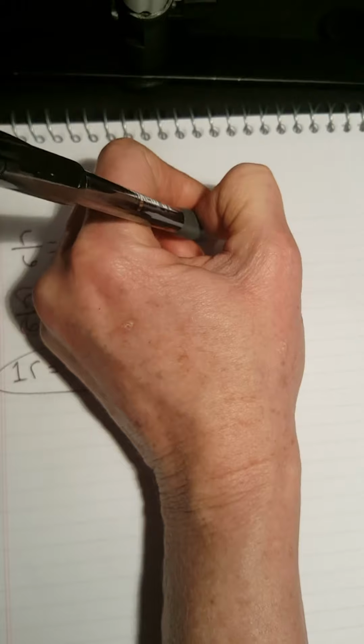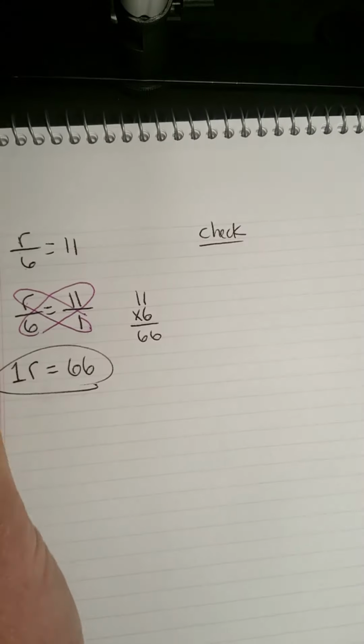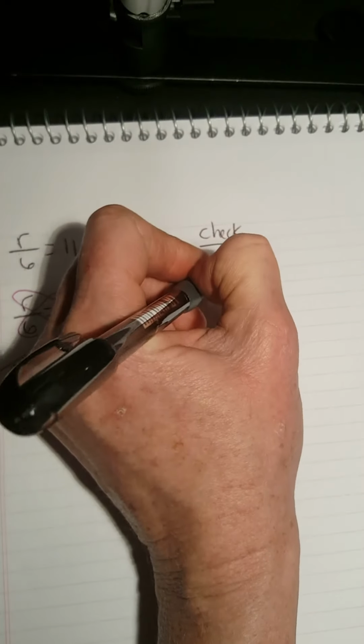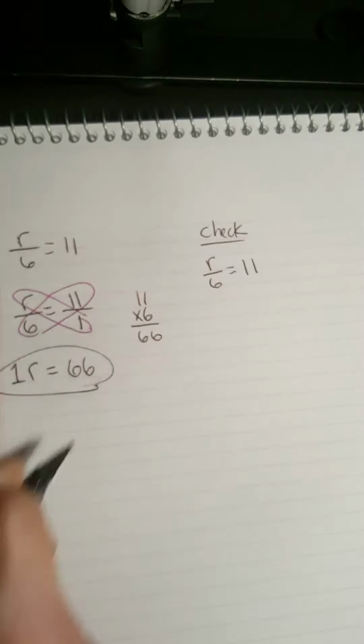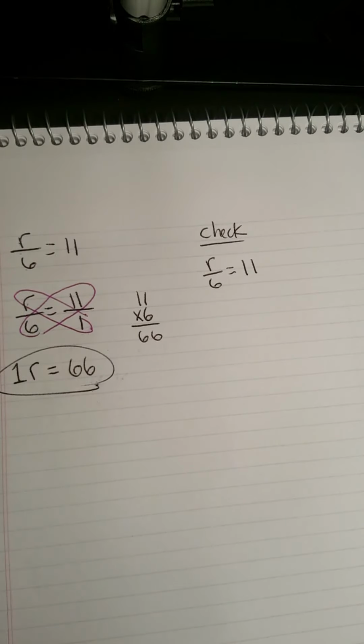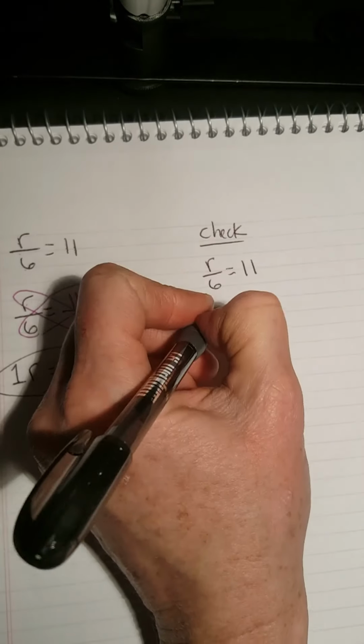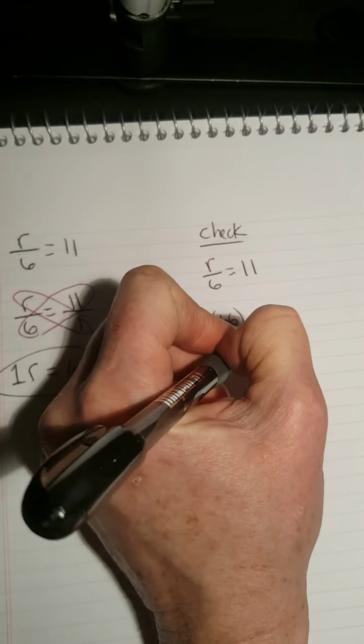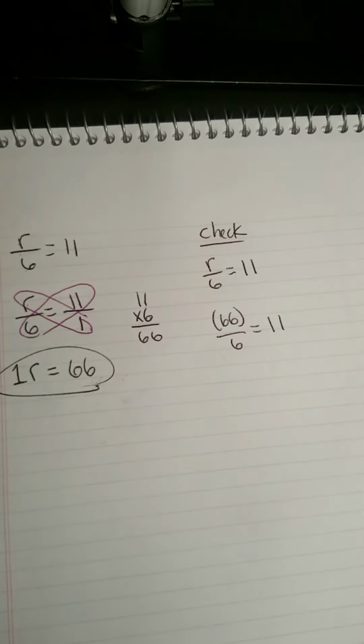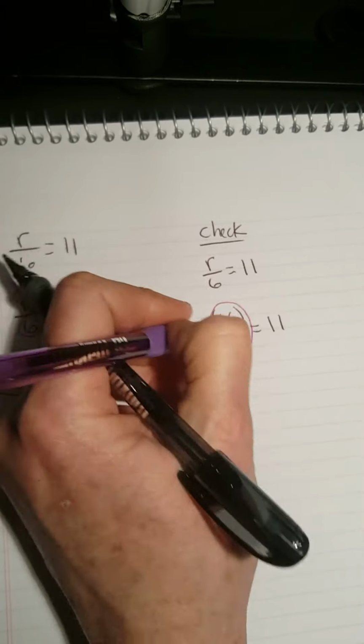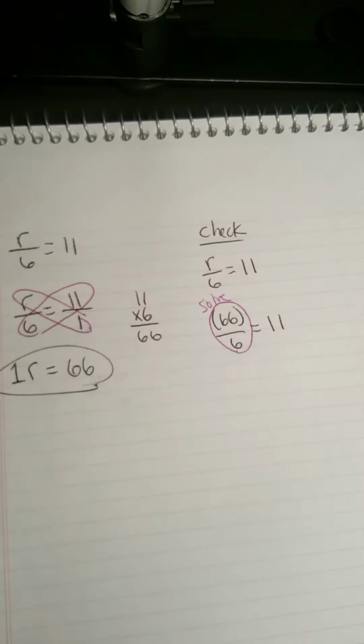Okay, and then my check piece. I'm going to rewrite my proportion that I set up. Okay, actually it's the original problem. I'm going to substitute 66 in place of r, and then I'm going to actually solve this, and I should get 11.